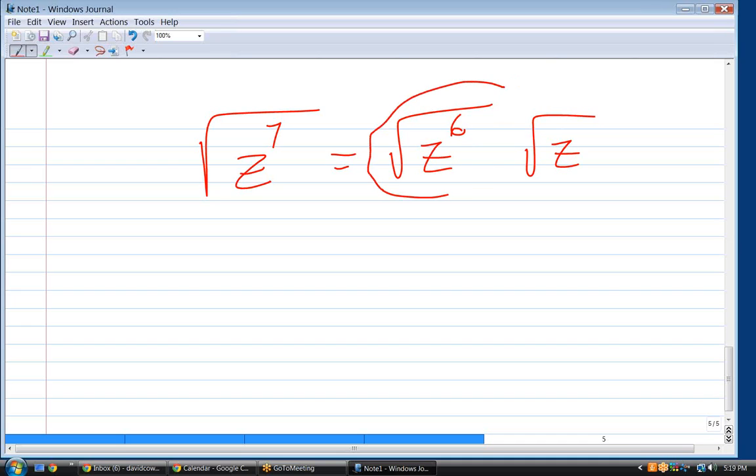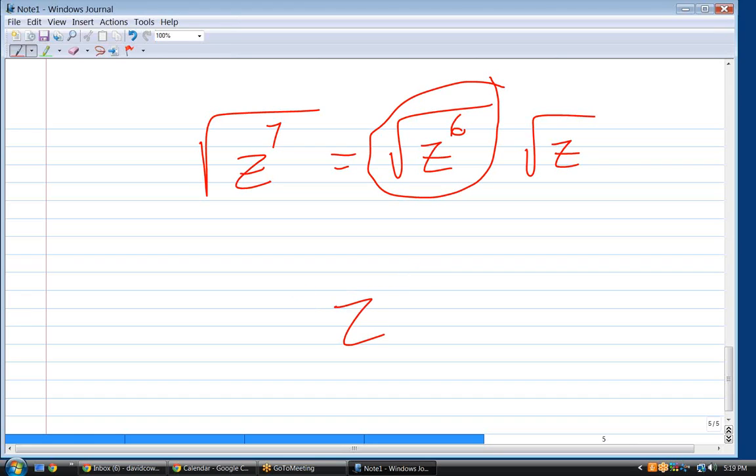Now, what is that equal to? Z to the 6th power. The square root of z to the 6th power is what? Z to the 3rd.